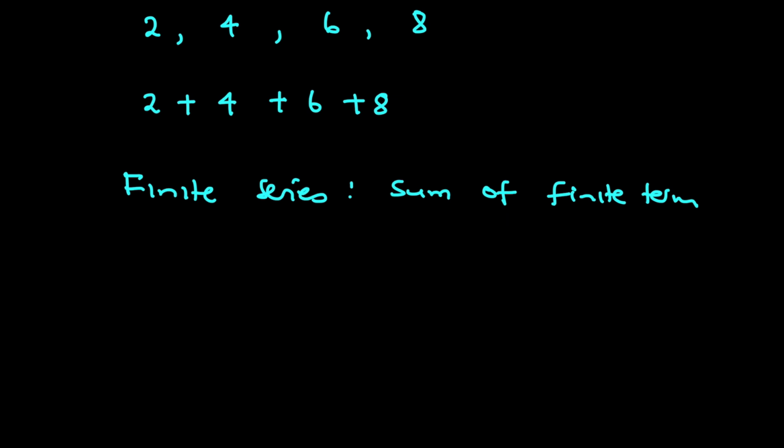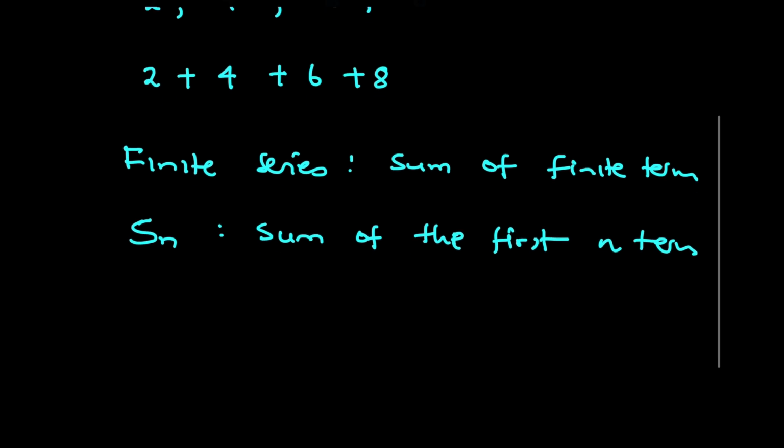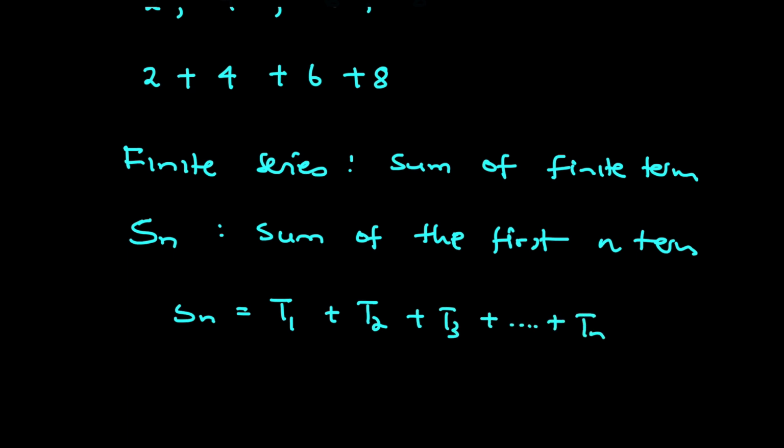And then we use Sn for the sum of the first n terms. What Sn represents is the first term T1 plus T2 plus T3 and so on until the nth term. So this is the sum of the first n terms.